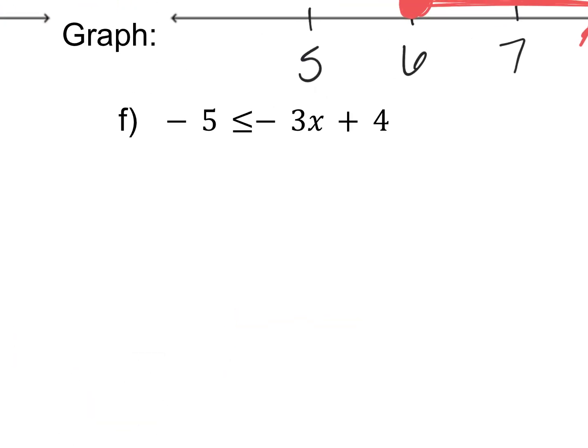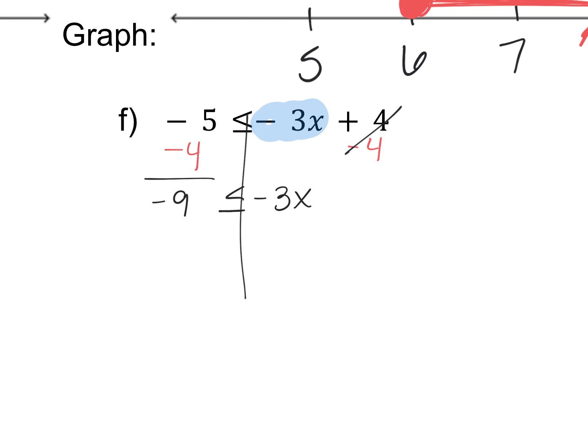All right, this one, we're going to isolate our variable term, the negative 3x, by subtracting 4 from both sides. So now I have negative 3x, negative 9, and I'm dropping my symbol down just to keep everything in line so I don't forget anything.